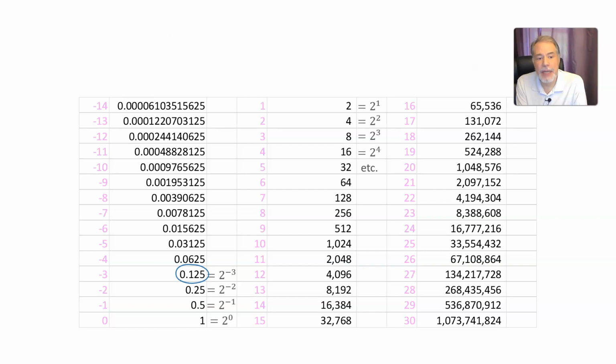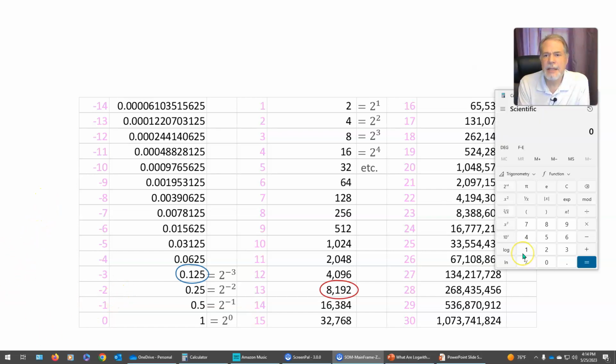So for example, if we take the number 0.125 times the number 8,192, do you see what we're going to get? See if you can guess what the answer is going to be before I actually multiply. So what is 0.125 times 8,192? It is one of the numbers on the list.